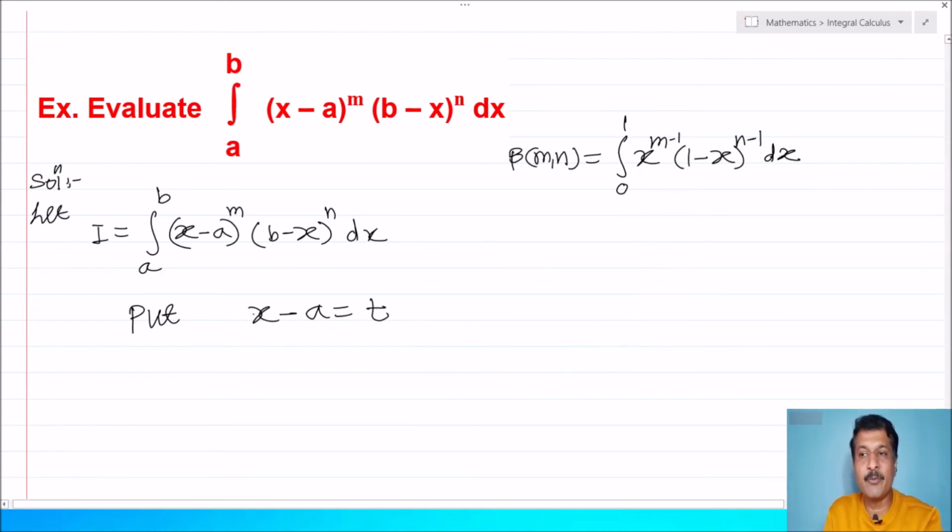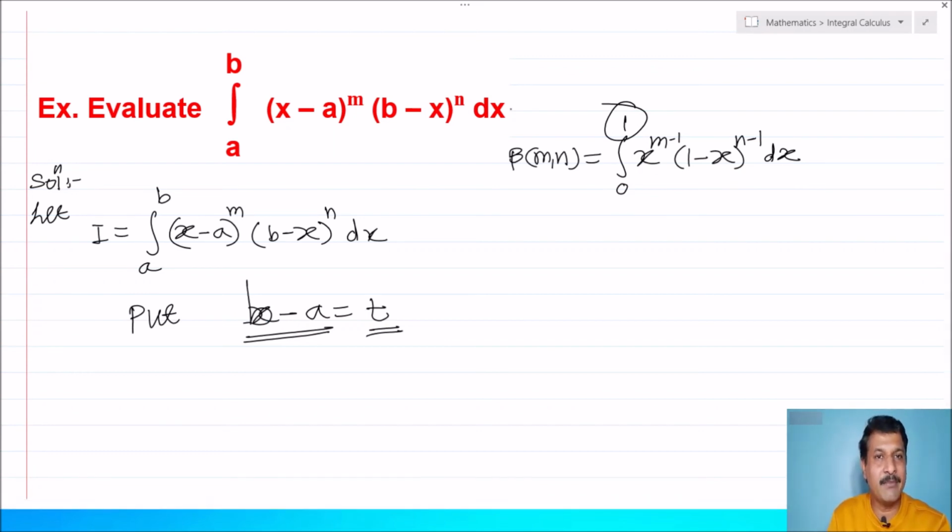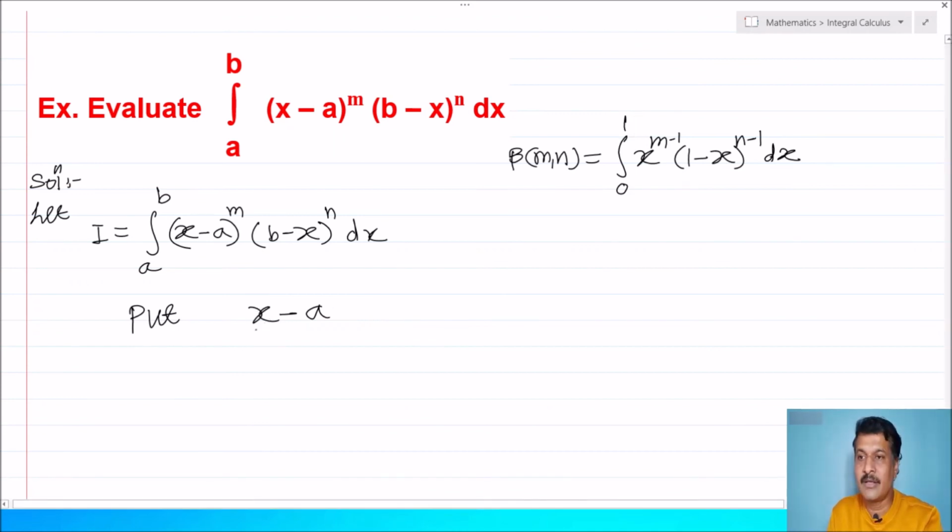But when we put upper limit b, I am getting b minus a, that is t equal to b minus a is the upper limit. But I want 1. So how to convert this b minus a into 1? If we divide by b minus a, I will get 1. And that is why the substitution is x minus a upon b minus a equal to t.